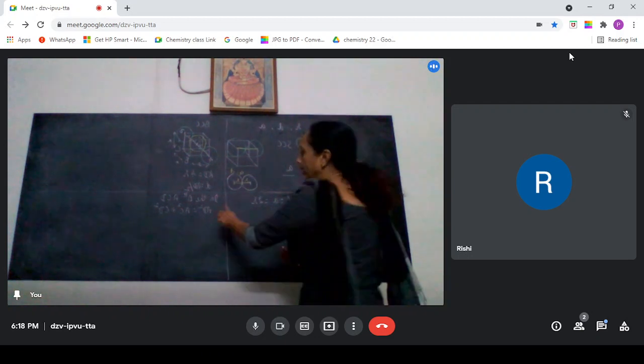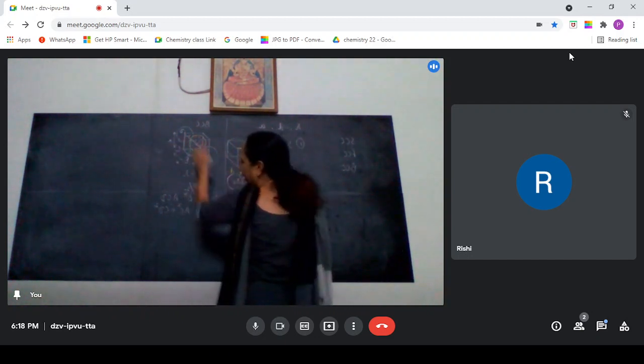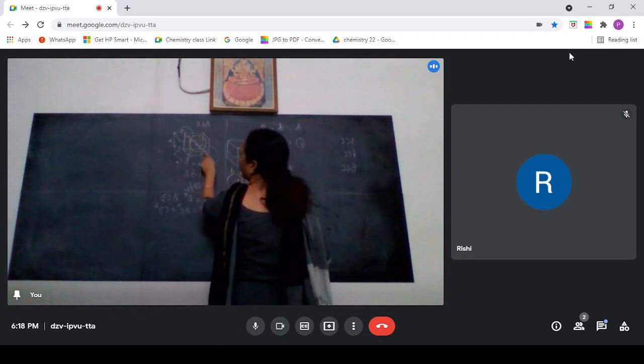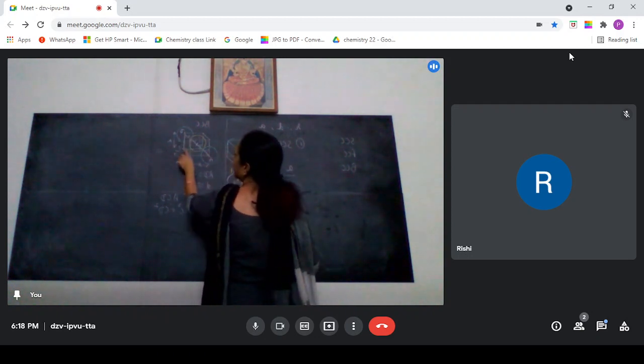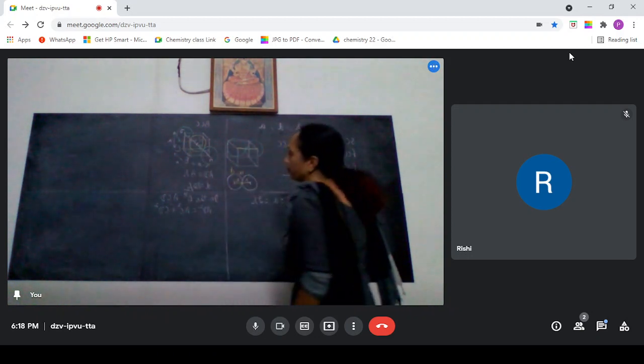So, in the triangle ACD, AD square is equal to AC square plus CD square.